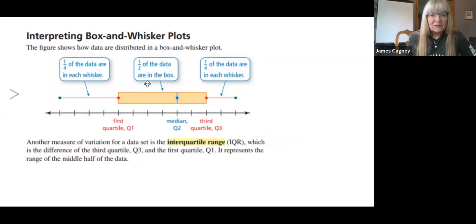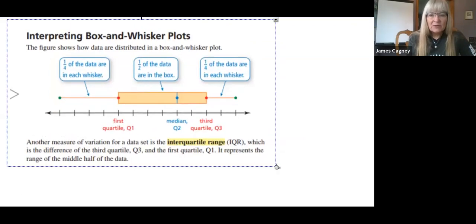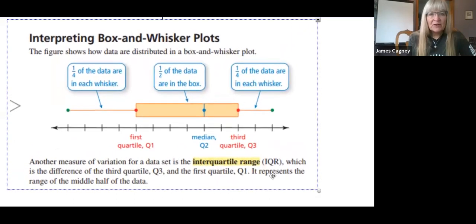Interpreting a box and whiskers plot. So not only are we going to learn how to make them, we're going to learn how to read them. The interesting thing is that since I divide the data, once I put it in order, in half and then half again, I have it arranged in fourths. So notice that 1/4 of the data is in this whisker out here.